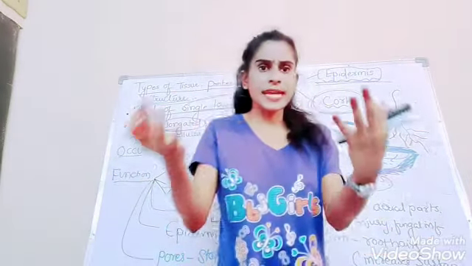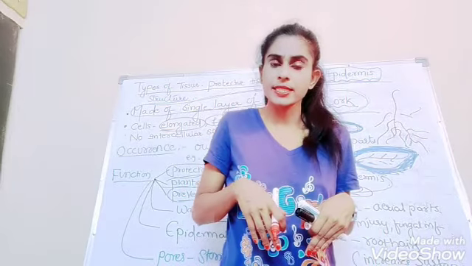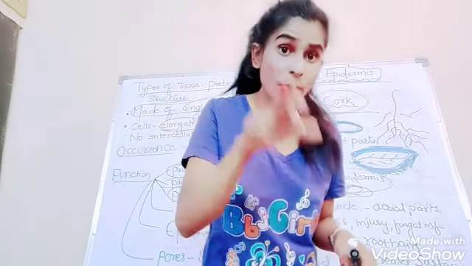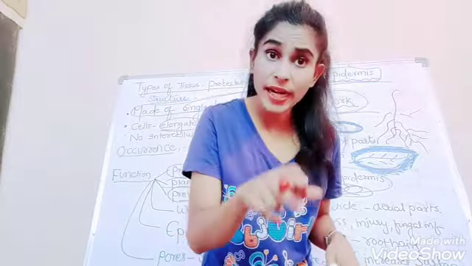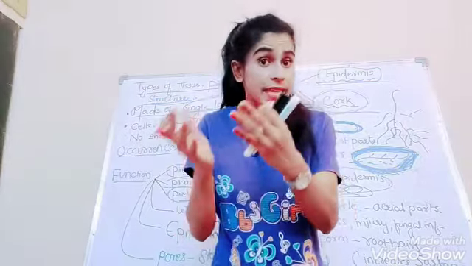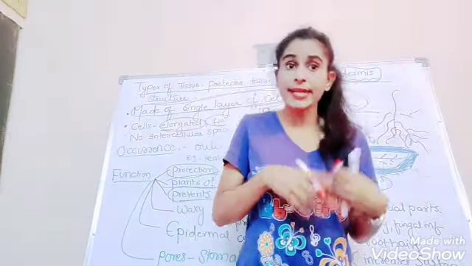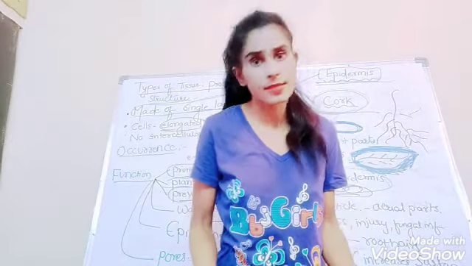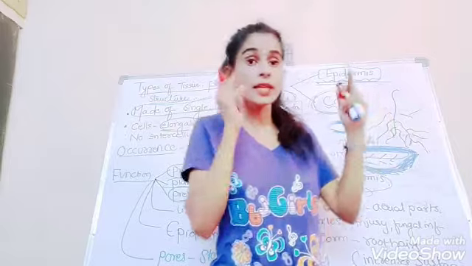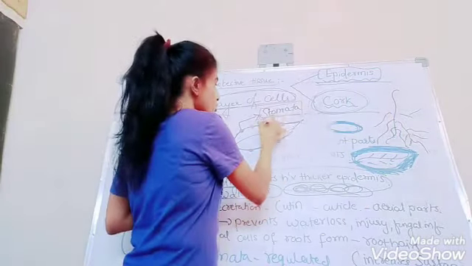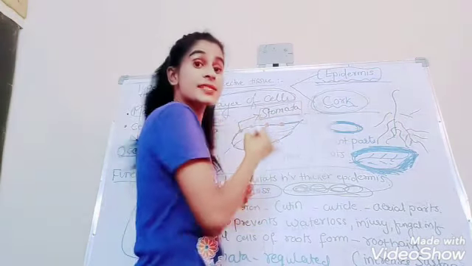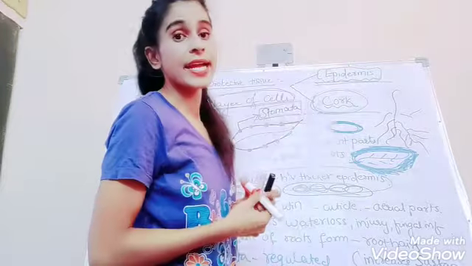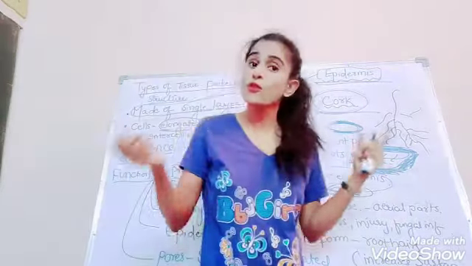The plant takes the carbon dioxide inside it. Through this stomata only, the plant leaves take the carbon dioxide inside and prepare its food, which we all know is photosynthesis, isn't it? So through the stomata, the plants take the carbon dioxide and undergo the process of photosynthesis.